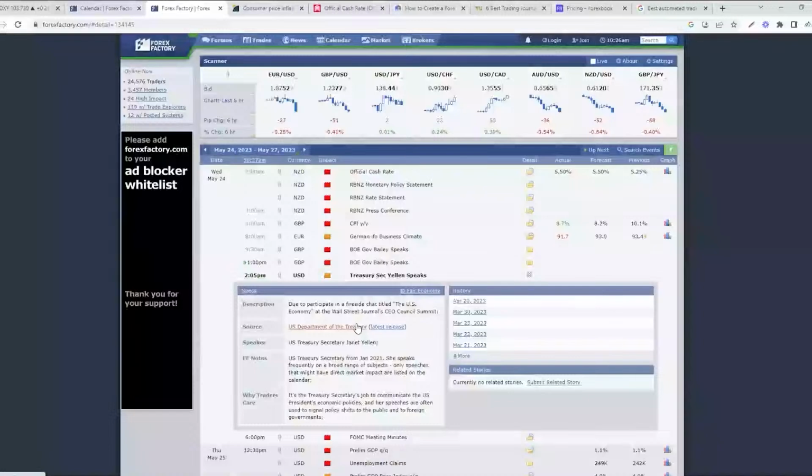So just to be aware of what's going on with the US debt ceiling limit, the debt ceiling limit will be hit on 1st June. So we are less than 10 days away from the US government going into a shutdown.